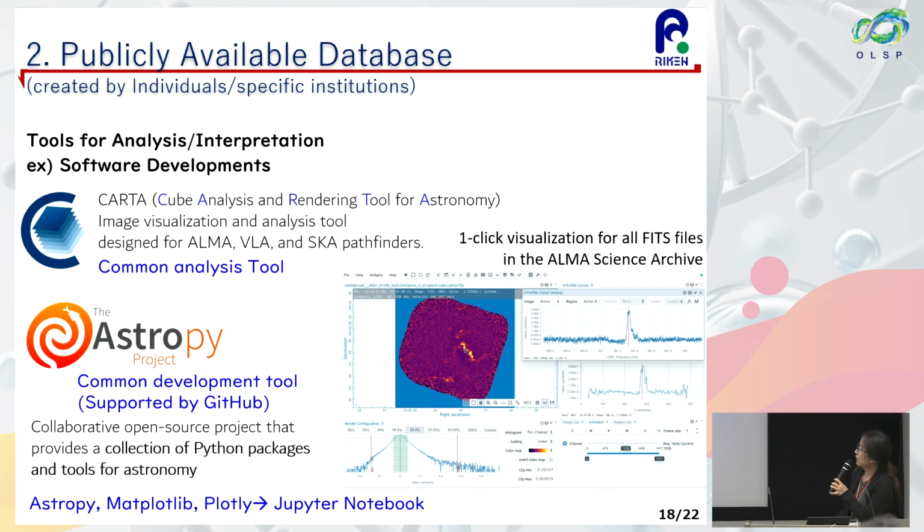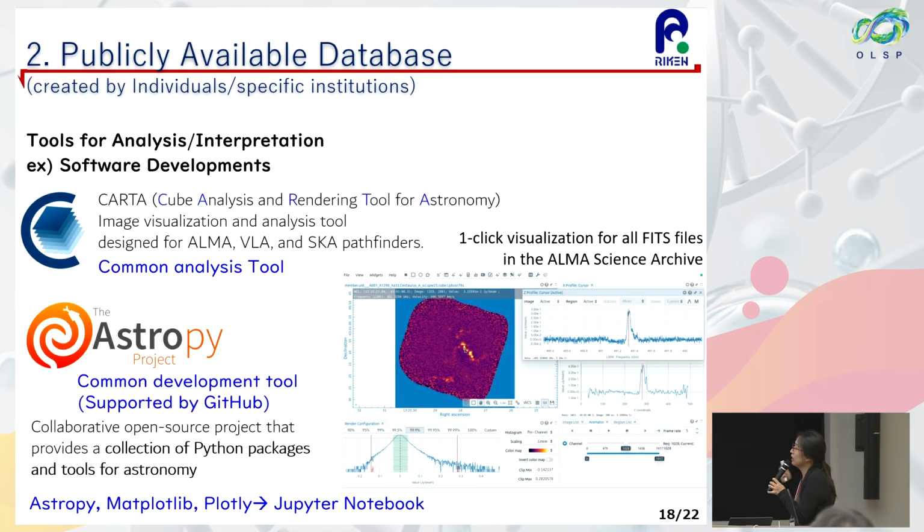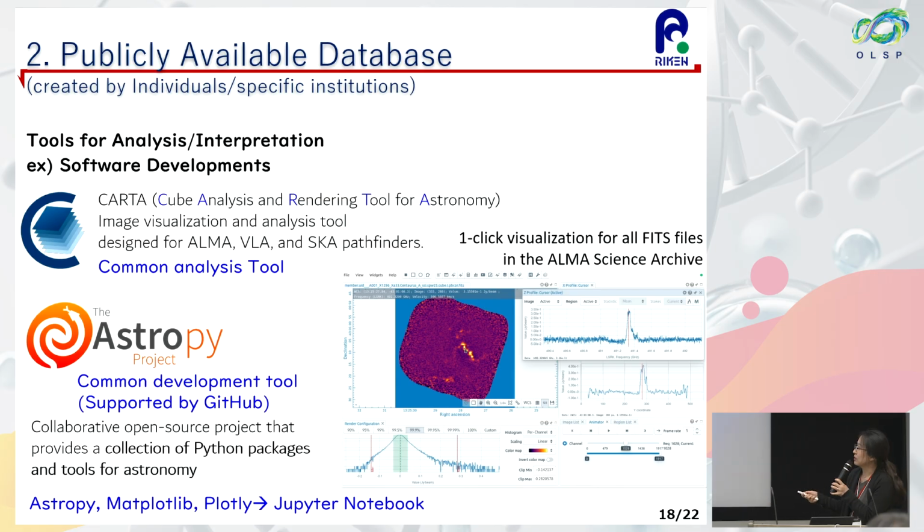Because right now, we have some common analysis tools in radio astronomy. So we can use the same software developed by several observatories, so that this is reliable and always updated unless those observatories cease to exist.